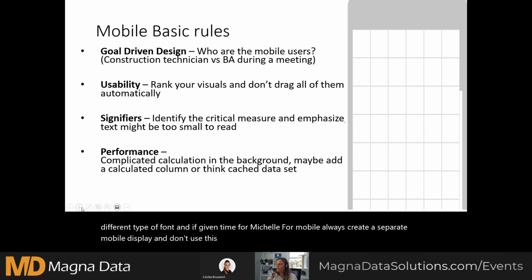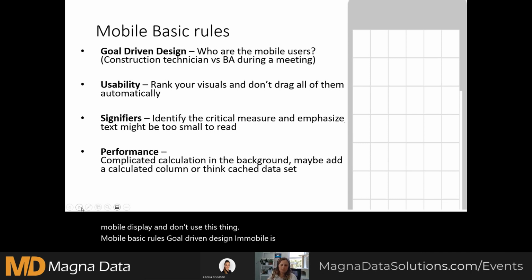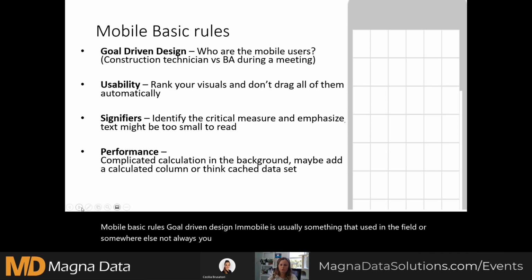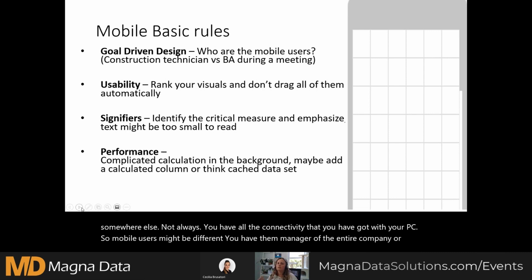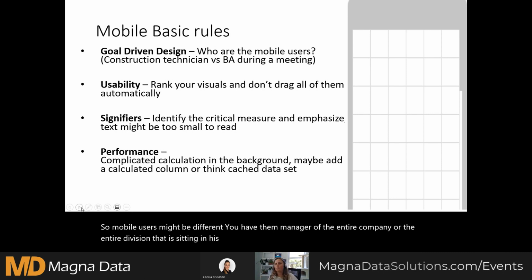Mobile basic rules: goal-driven design. Mobile is usually something that's used in the field or somewhere else. Not always do you have all the connectivity that you have with your PC. So mobile users might be different. You have the manager of the entire company or division sitting in their office, and you have the worksite manager supervising several trucks or workers performing a job.